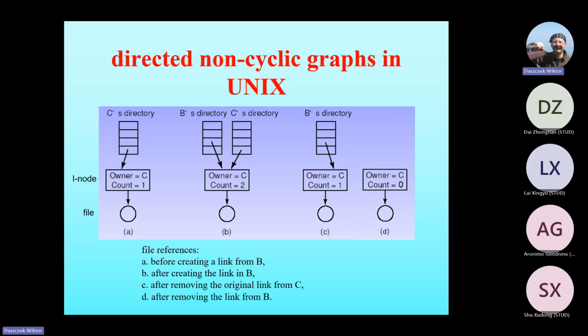When B is able to erase this file, it can do it. So for a while, the link count drops to 0. And if it is 0, the operating system can cancel the file.